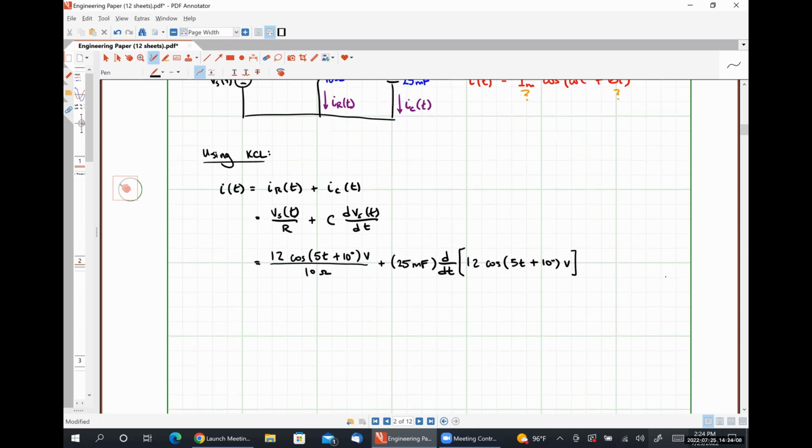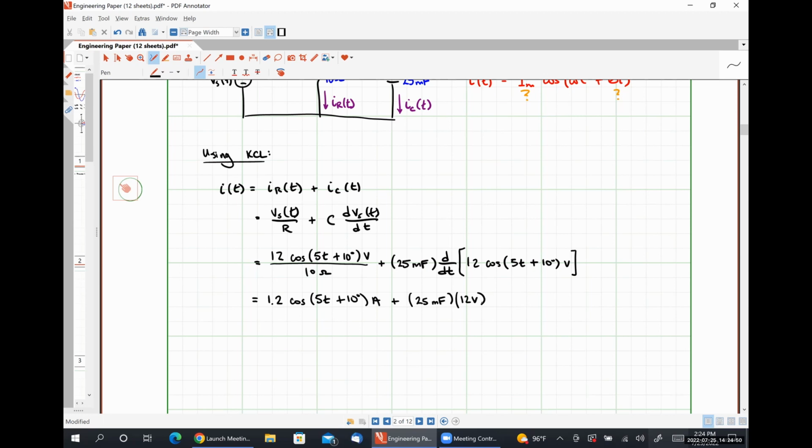So let's start with the bit on the left. 12 volts divided by 10 ohms is just 1.2 amps. So we'll have 1.2 cosine 5t plus 10 degrees amps. And then over here, we need to take a derivative, right? So I'm going to have my 25 millifarads. I'm going to have 12 volts.